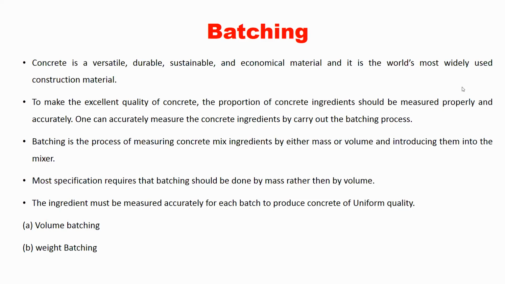One is that you can measure the quantities according to weight, and another is that you can measure them by volume. Either you can measure it by mass or by volume.